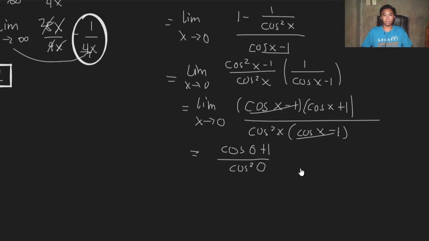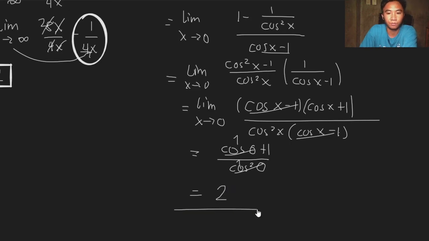At ang cosine squared 0, so 1 ulit, tapos 1 squared, ang value natin is 1 lang. Ito, 1 to 1 lang din. 1 plus 1, so the answer is 2. Yan.